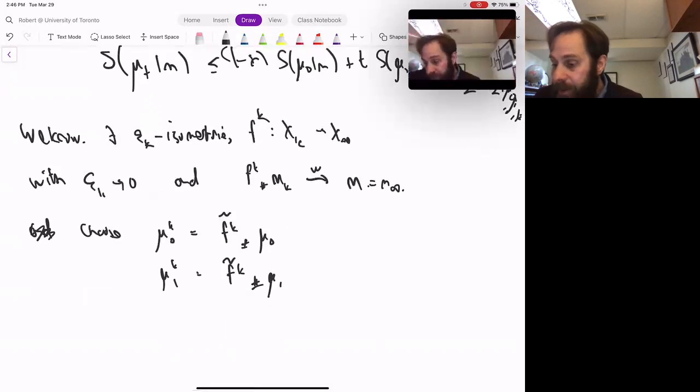So that gives us measures on the approximating spaces which are going to converge to these limiting measures.